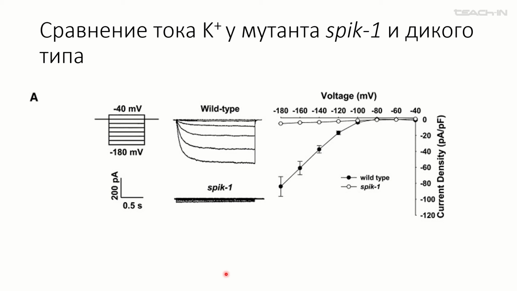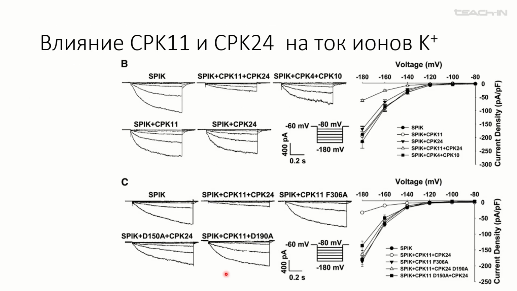И, собственно, тока калия нет. Из этого был сделан вывод, что именно этот калиевый канал преимущественно отвечает за ток калия в пыльцевых трубках.